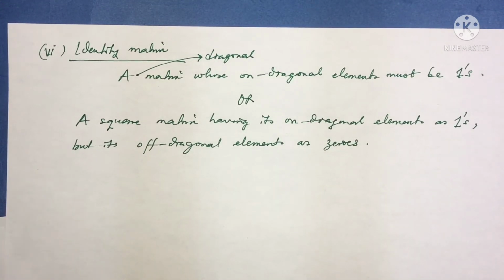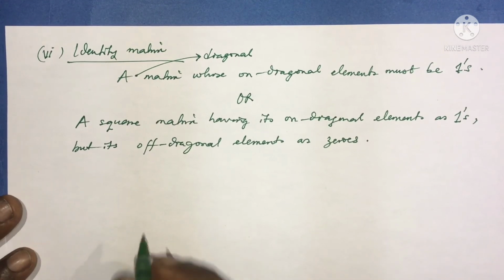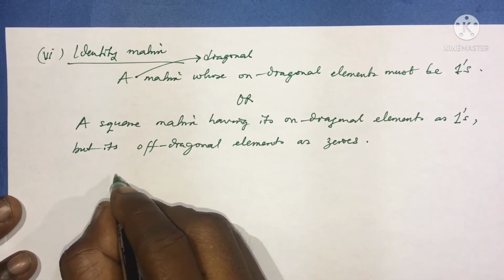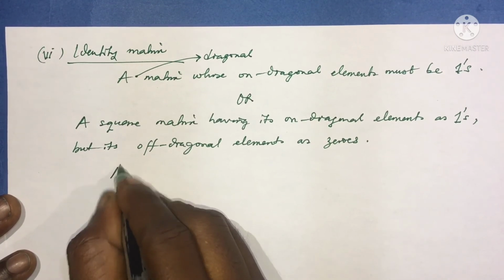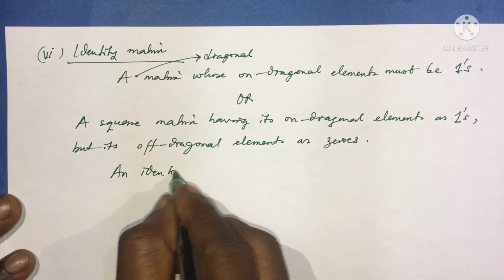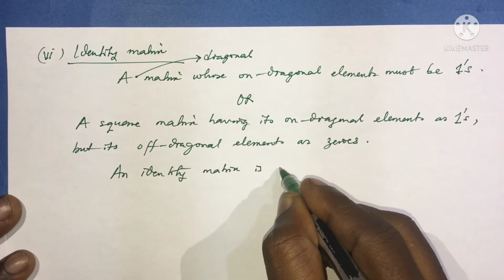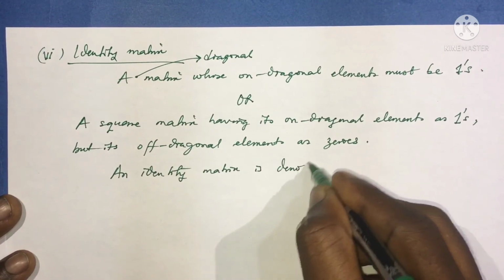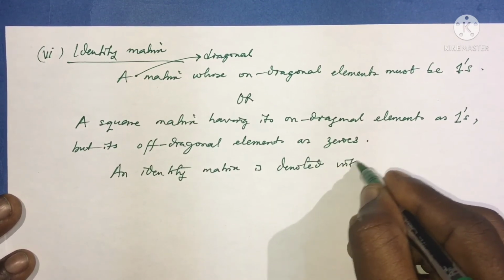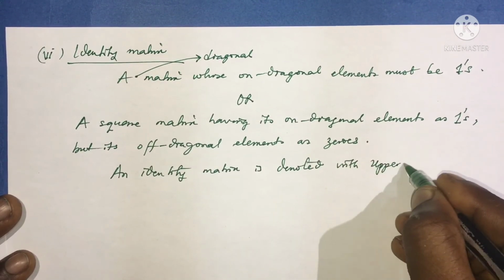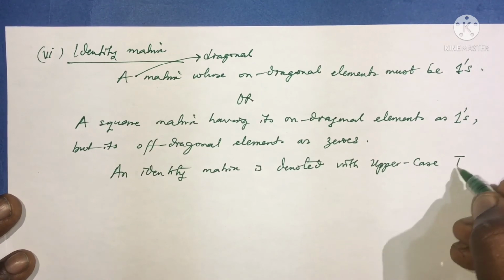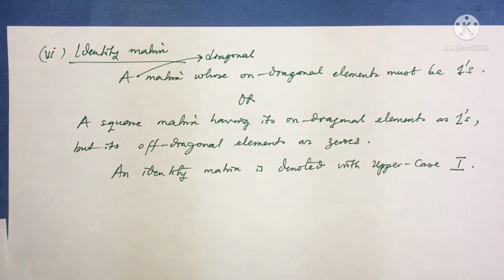That will make an identity matrix. Now, an identity matrix is denoted with uppercase I. So we usually use I to represent an identity matrix.